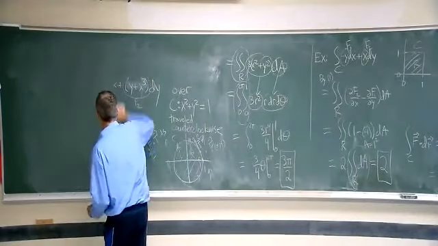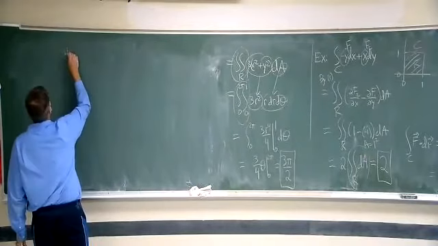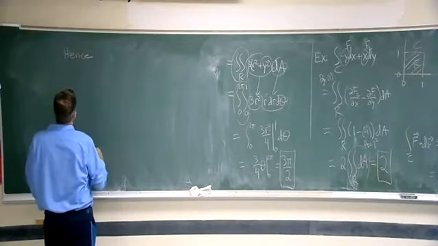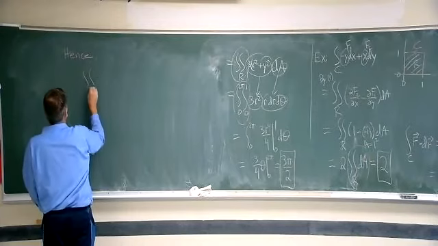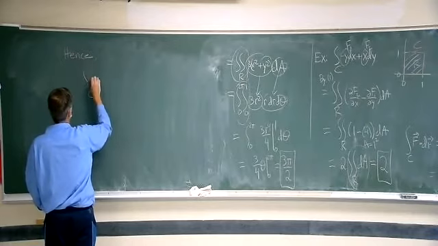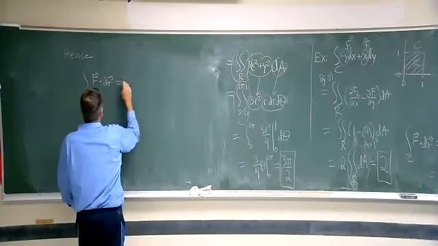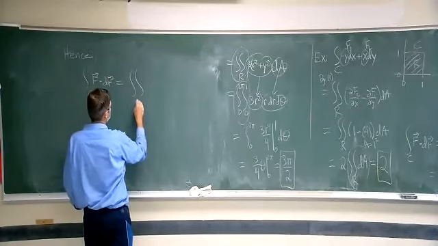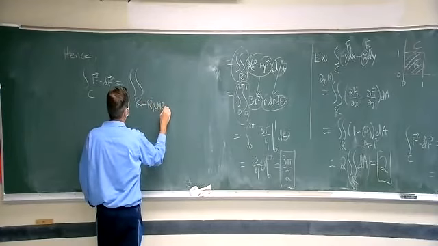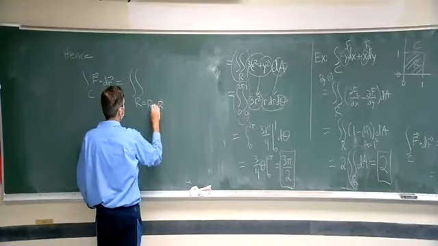We can call this equation 2. For a multiply connected region where the outside curve goes counterclockwise and the inside curve goes clockwise, the line integral over C, the union of those two, is equal to the sum of those double integrals, which is the double integral over R, the union of R1 and R2. I'm sorry, not union, R1 plus R2, there we go.